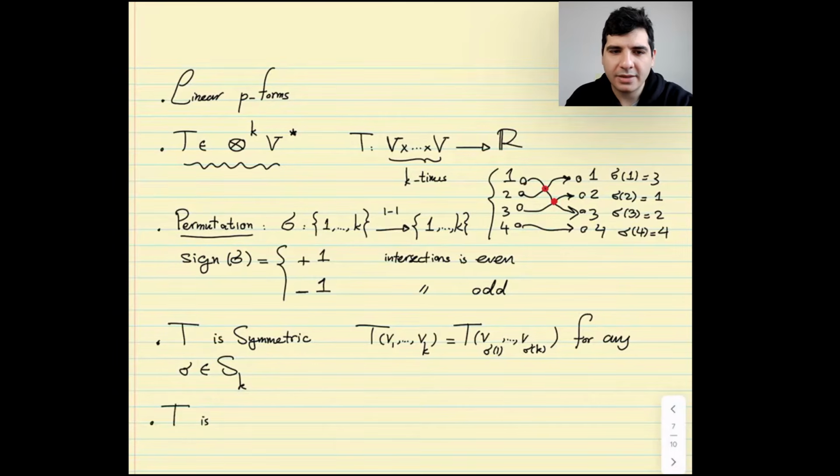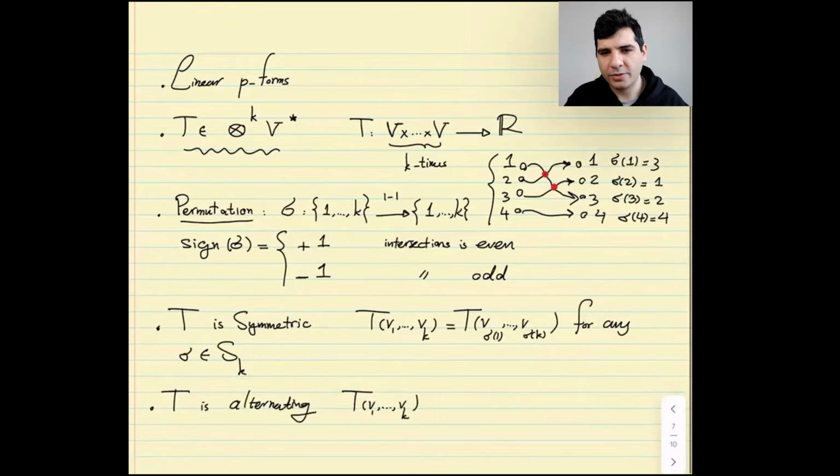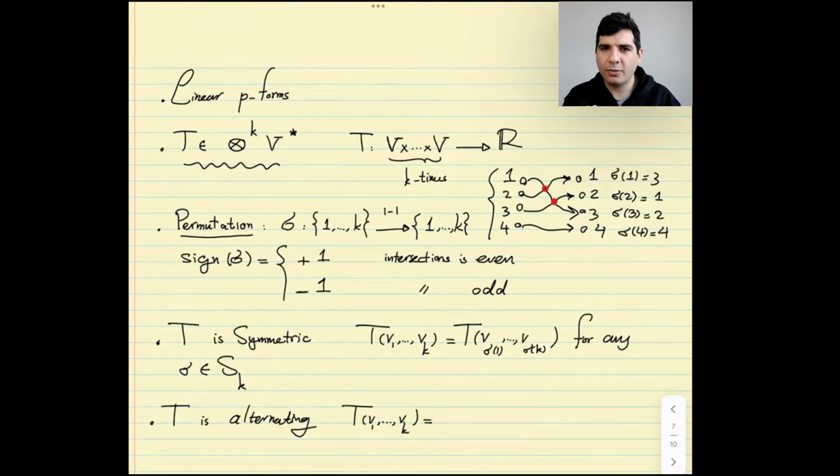And T is called alternating if it depends on the permutation, but in a very specific way. So again, if you have a set of vectors v1 up to vk, if you change the order following a permutation, the value of T would change, but only by multiplication with the sign of the permutation.